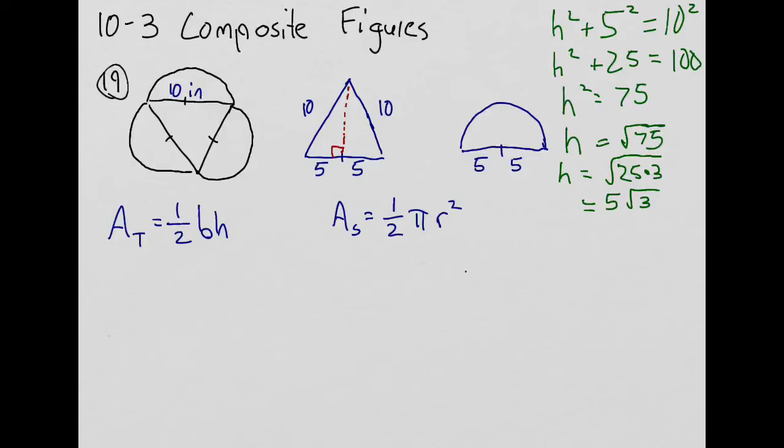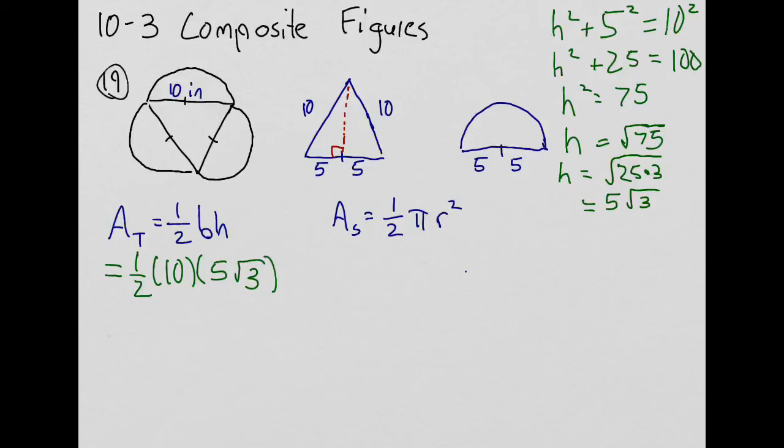So we've got everything we need now. I want to find the area of this triangle right here. I know the height is, as we just found, 5 square root of 3, and I know the base all the way across is 10. So the area of the triangle is 1/2 times base, 10, times height, 5 square root of 3.